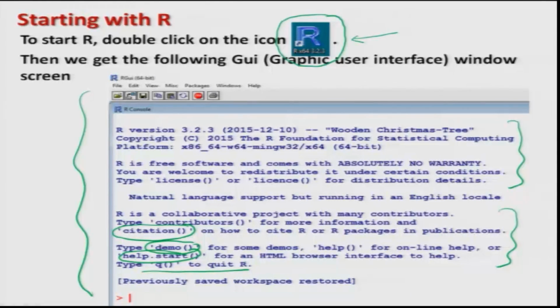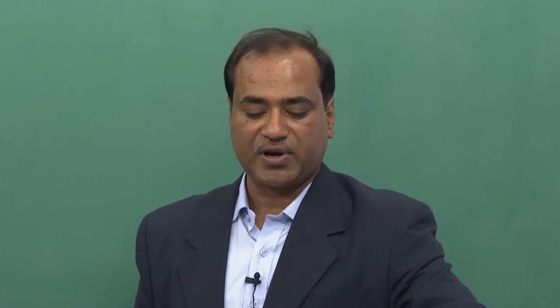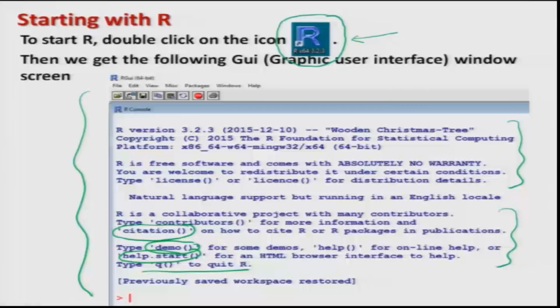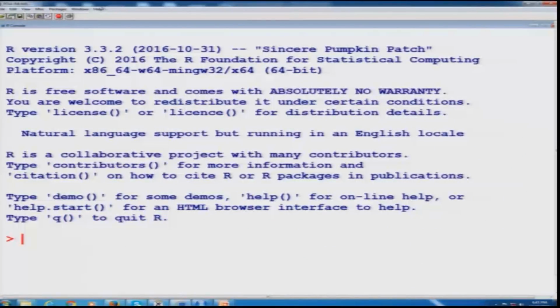Now, once we have started the program, our objective is how to obtain help in R. So first of all, in this window you can just double click over here, and you will get something like this: help.